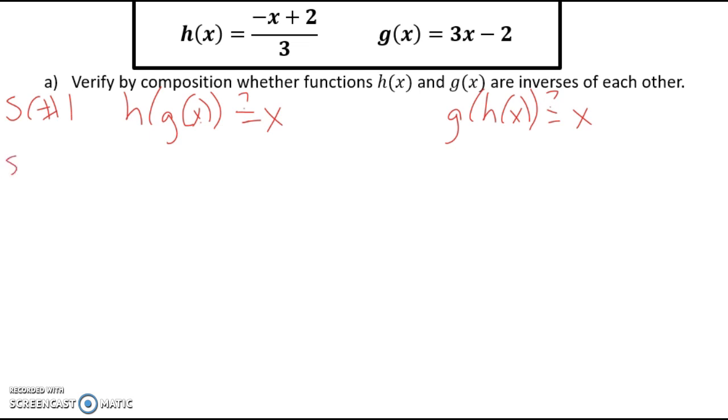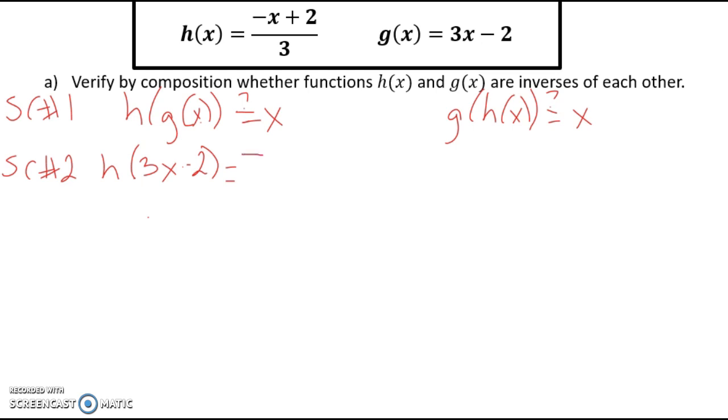My next success criteria is where I actually do the composition. My instructions here, this h of g of x, tell me that I am taking function h and putting function g into it. I know that function g is 3x minus 2. So what I'm going to do is rewrite function h, but instead of writing x, I'm going to leave a blank for now.